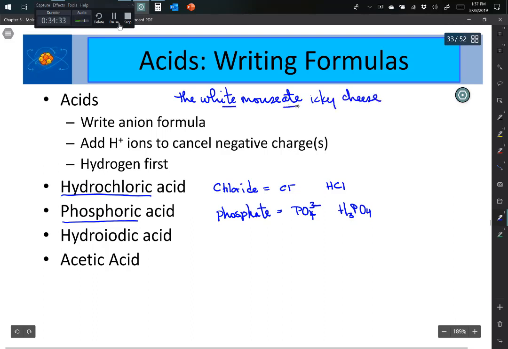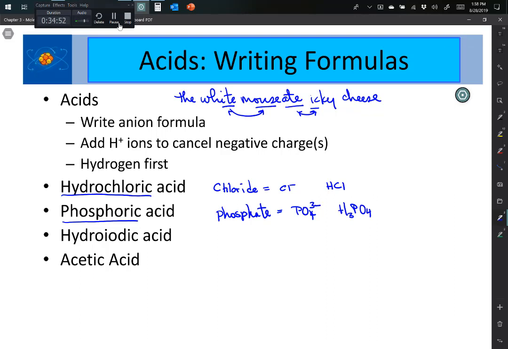Ite goes to 8. Wait, sorry. Ite goes to us. See, I don't use these. So Ite goes to us and 8 goes to ic. So Ite and us go together and 8 and ic go together. So if you want to remember that, the white mouse 8 cheese, yeah.